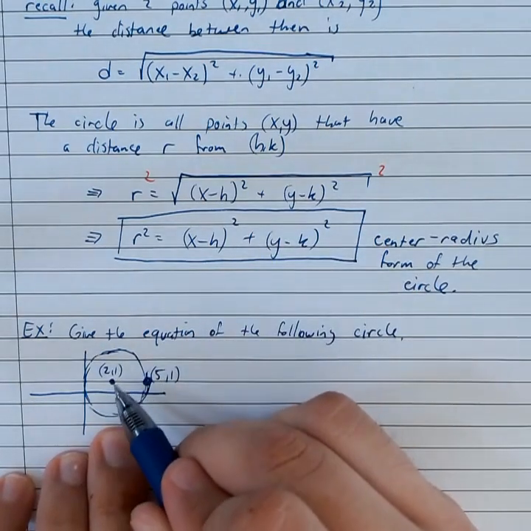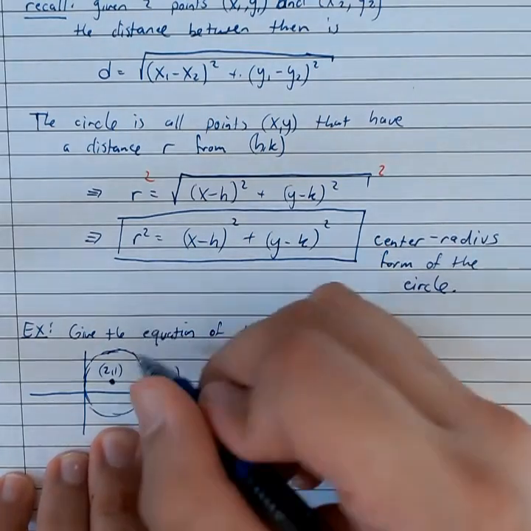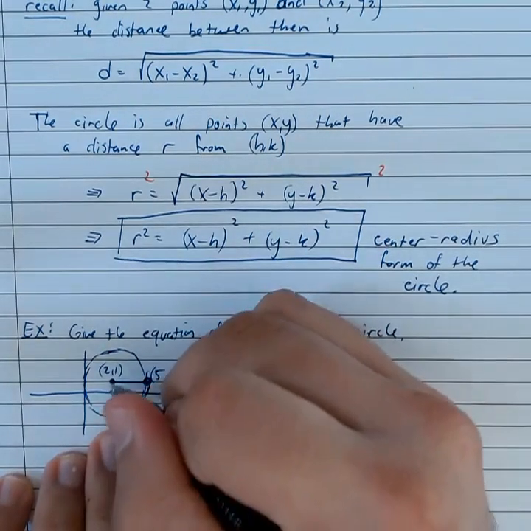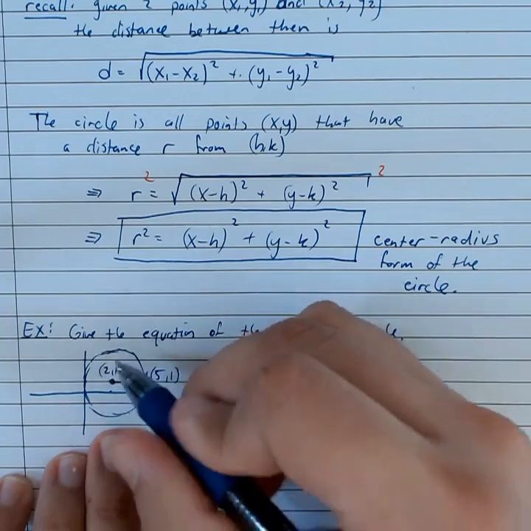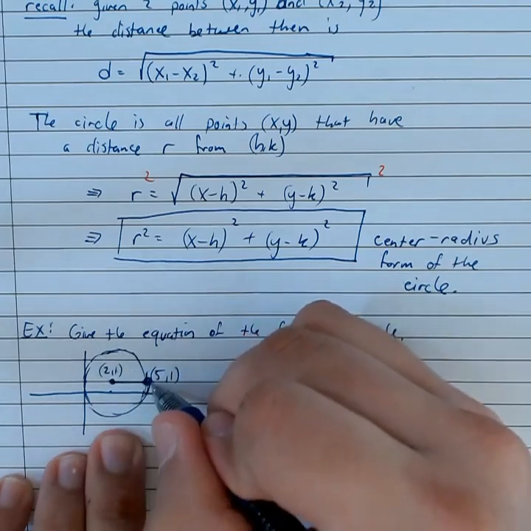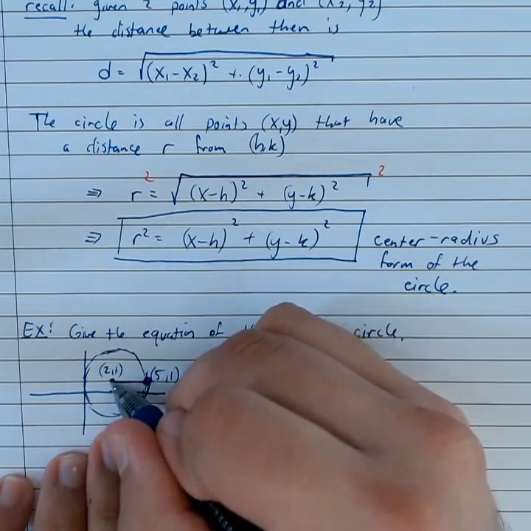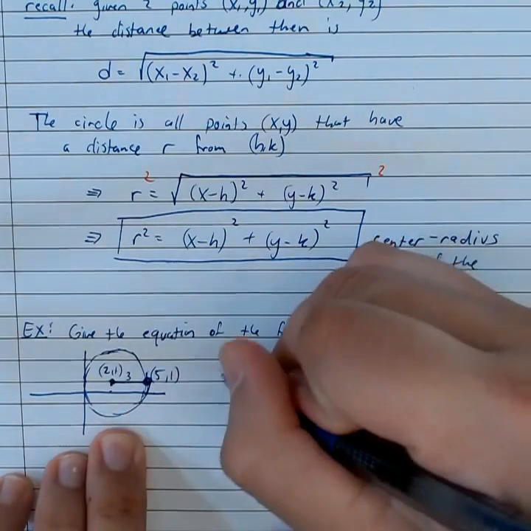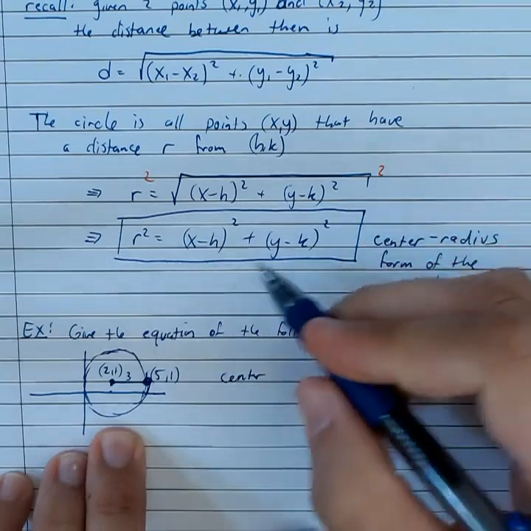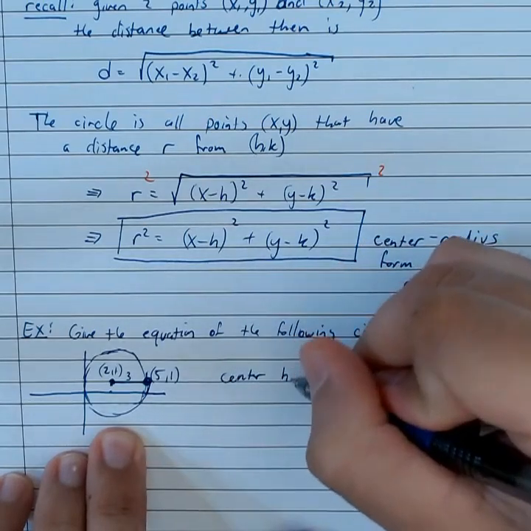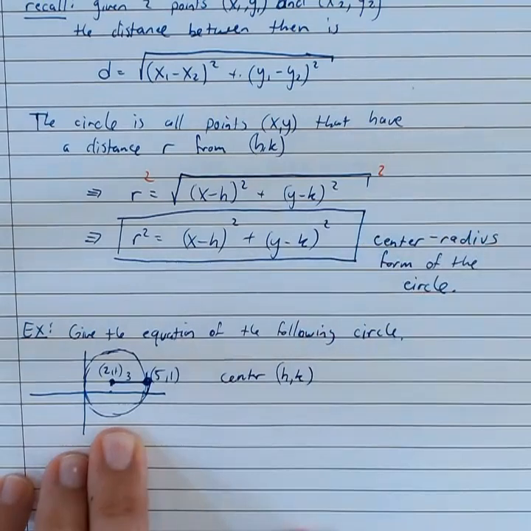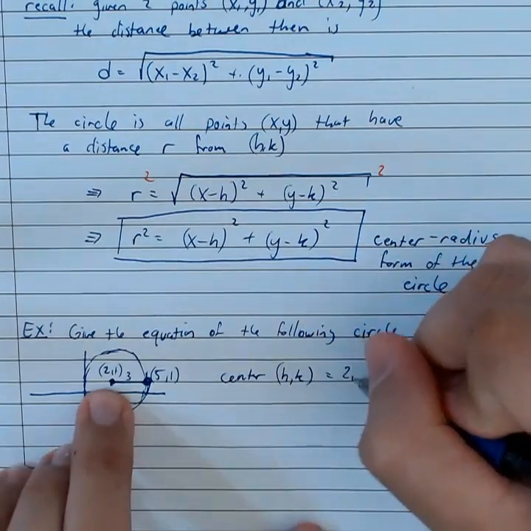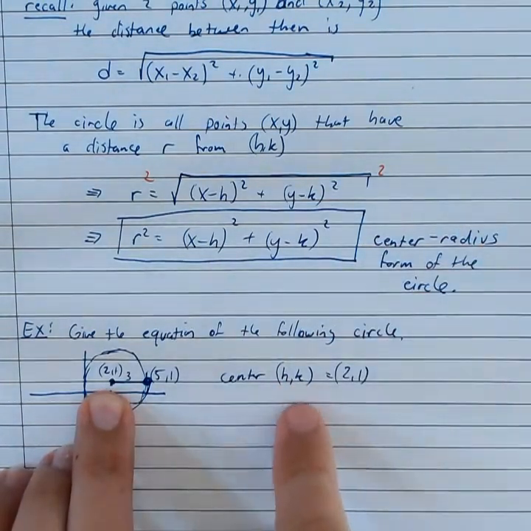The radius is simple enough to find because if this is 2, 1 and this is 5, 1, you're simply taking 3 steps to the right to get here. So the distance from here to here is going to be 3 units. So we know that our center, which in our symbols is designated by h and k, is given by 2, 1. So h is 2 and k is 1.